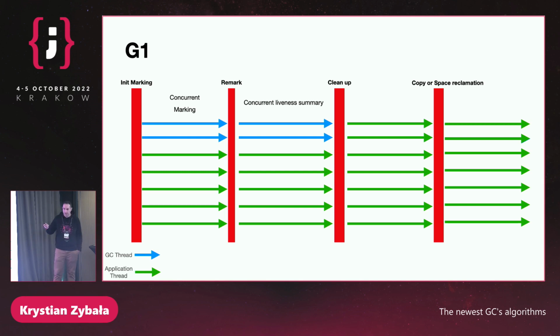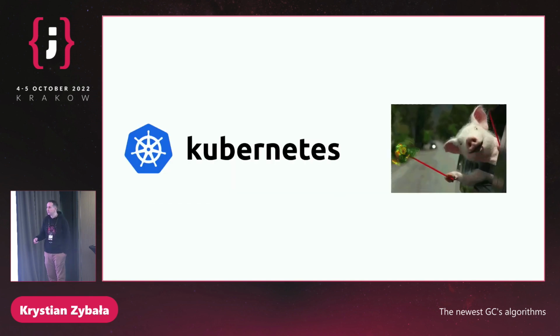In this scenario there is some threshold. For example, when less than 5% of our heap is free, space reclamation is triggered to start, and after that G1 starts cleaning our heap.